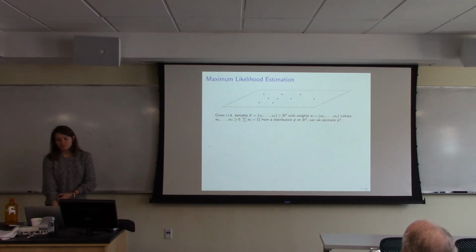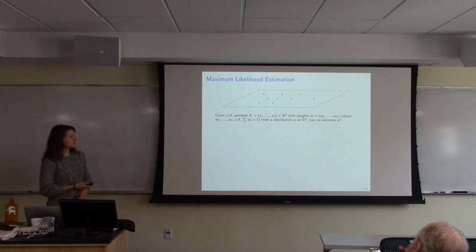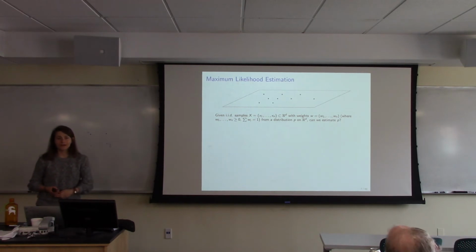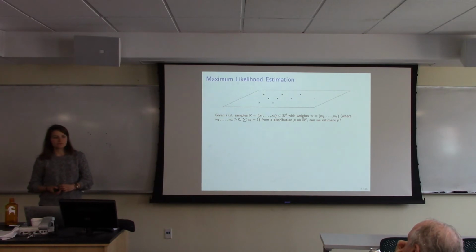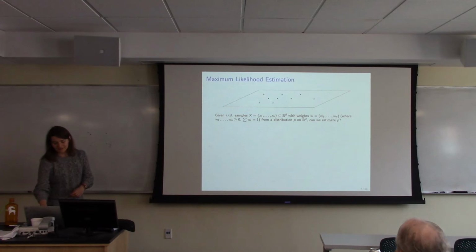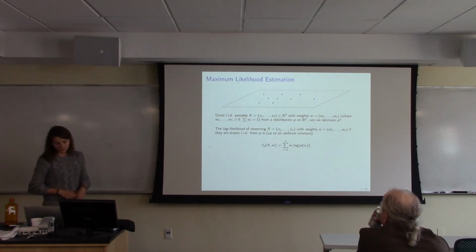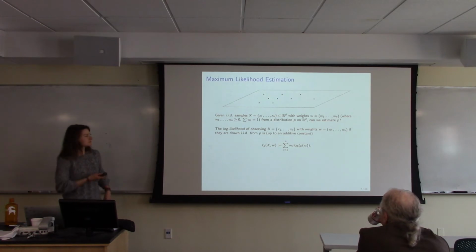Okay, so going back to our problem, we are given i.i.d. samples x in R^d, and we're also going to have weights. You can think of them as being 1 over n for each sample, but maybe for some reason you have different weights on the samples. And then we would like to estimate p. Okay, so we'll be maximizing the log likelihood.